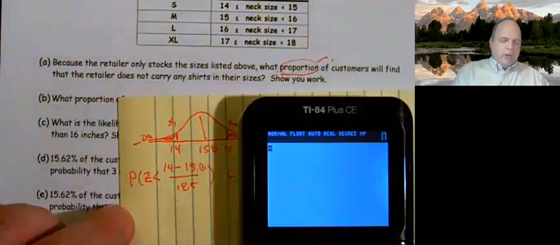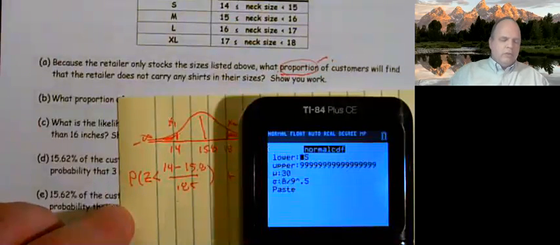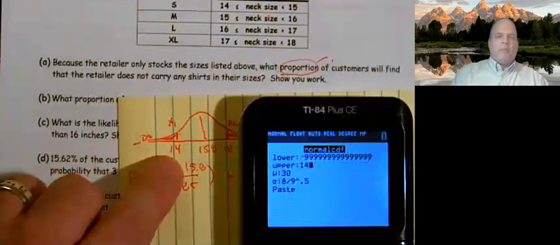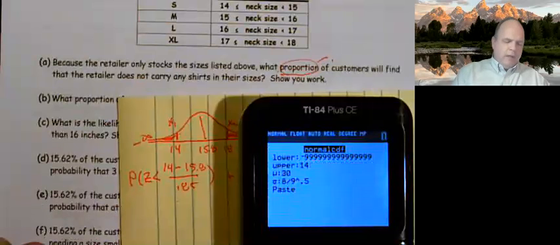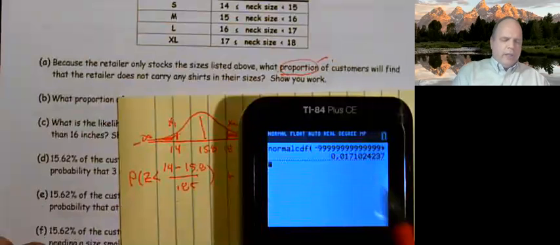I can go second vars, norm CDF, lower bound, negative 99999, upper bound, 14, because that's my highest part of my shading, mean 15.8, standard deviation 0.85, and I end up getting 0.0171.